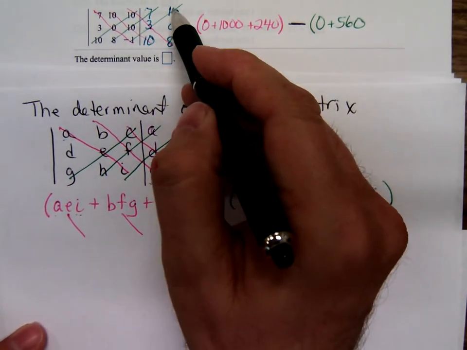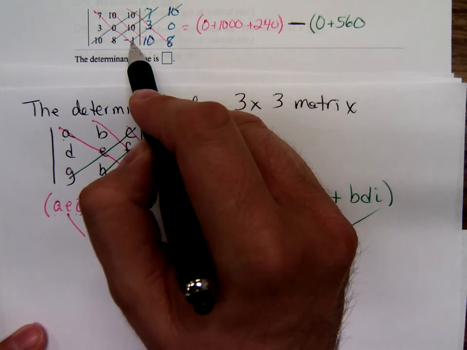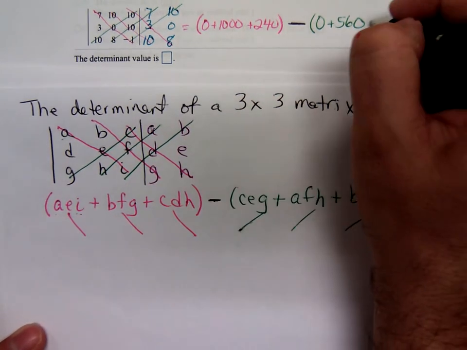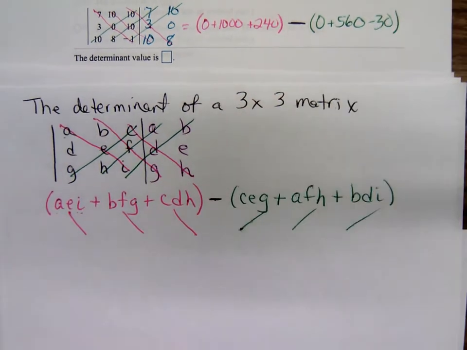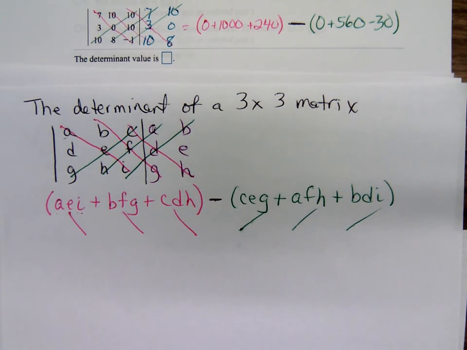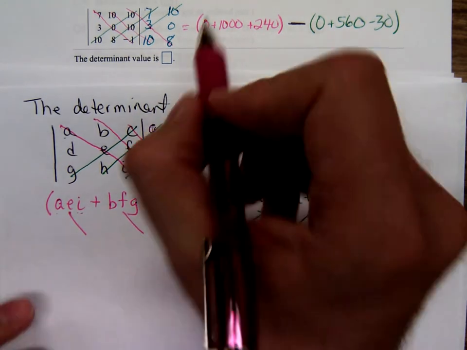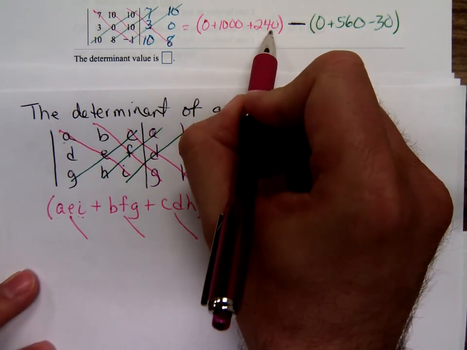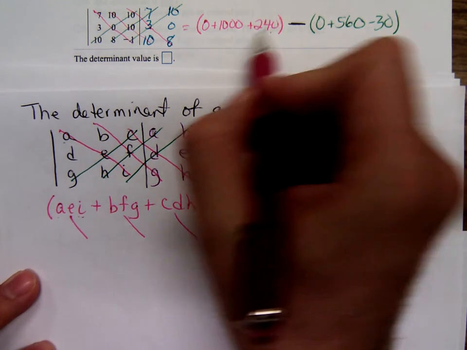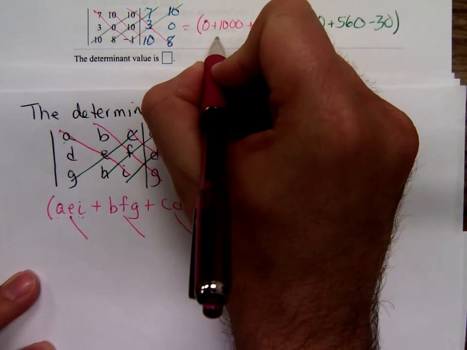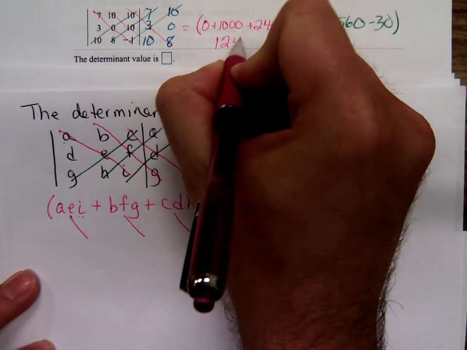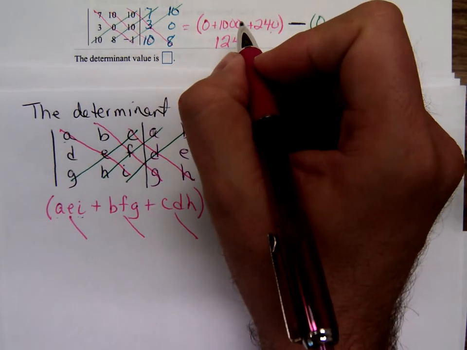10 times 3 times a negative 1. That would be a negative 30. And let's see, adding up the pink numbers. 0 plus 1,000 plus 240, that would be 1240. Minus, what do we have in the green?